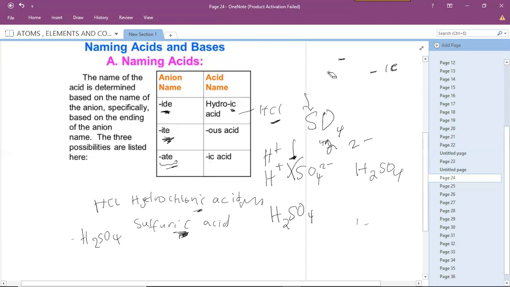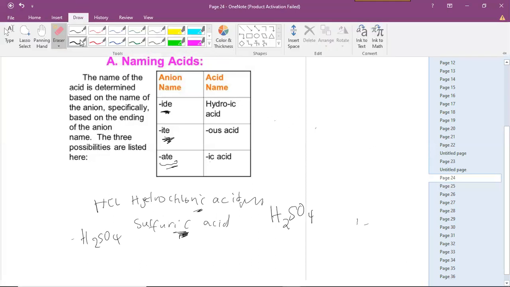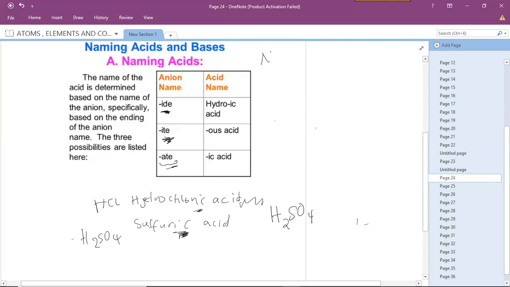We have an anion known as nitrite. From the polyatomic ion table that you have to memorize, I highlighted a few things in the chemistry video. So I've got nitrite, like so.